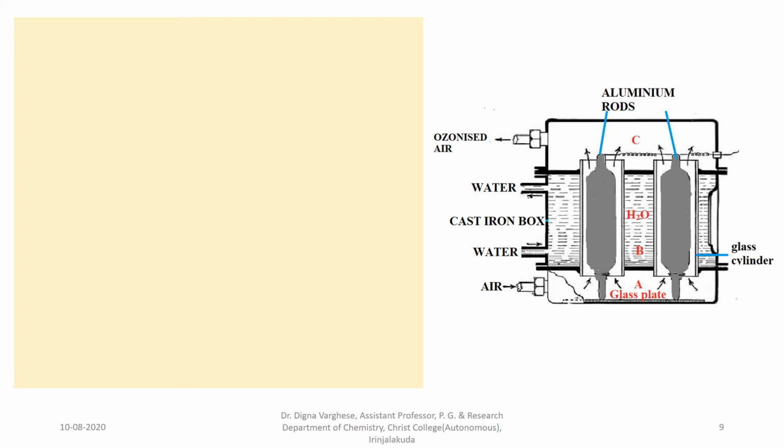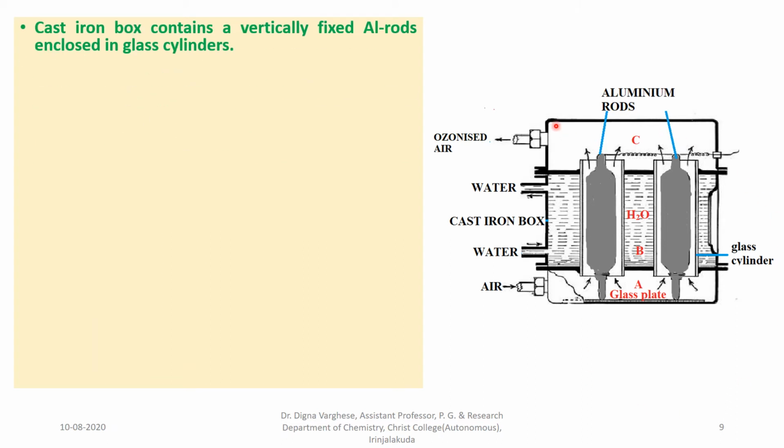Here we can see from the figure that it is a Siemens-Halske ozonizer. It consists of a cast iron box, which contains vertically fixed aluminium rods. These aluminium rods are enclosed separately in glass cylinders.